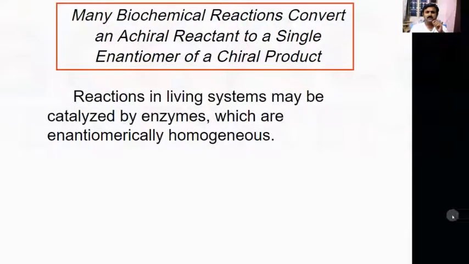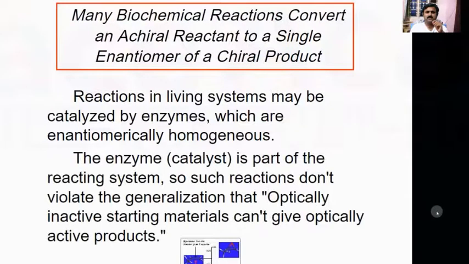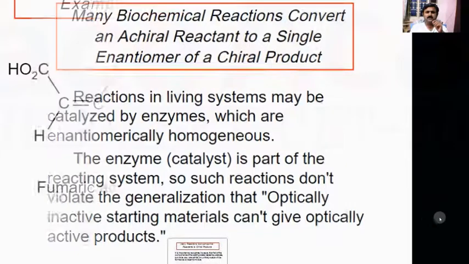Reactions in living systems may be catalyzed by enzymes which are enantiomerically homogeneous. The enzyme is a part of the reacting system, a catalyst. So such reactions don't violate the generalization that optically inactive starting materials cannot give optically active products.